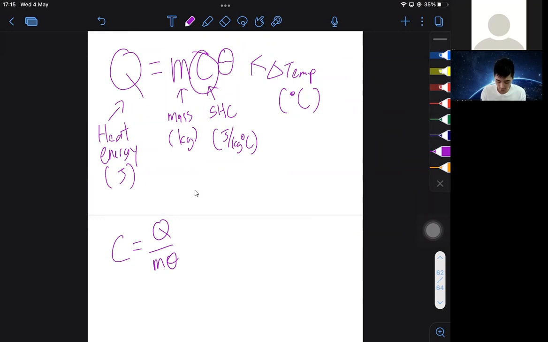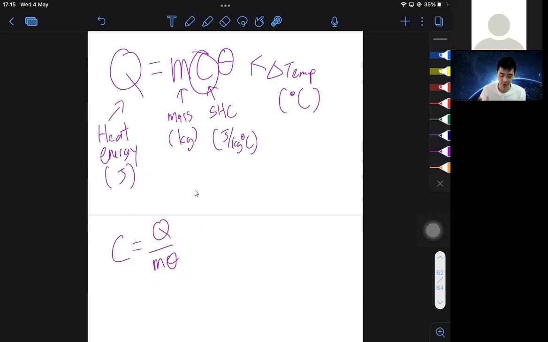Okay, so if you can rearrange it into the subject, looking at the formula itself, you should be able to define it, or somewhat bluff your way through the definition now. Because looking at this formula itself, specific heat capacity is defined as the amount of energy required to raise 1 kg of a substance by 1 degree Celsius.